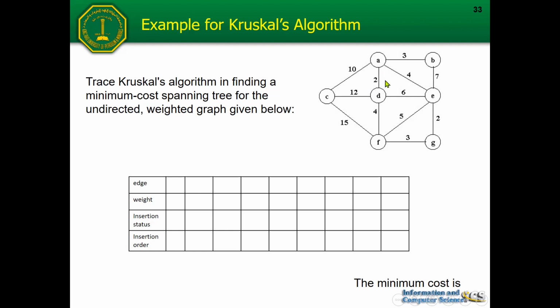But if the weights are not unique, like in this example, 2, 2, 3, and 3, then maybe you will not find a unique answer. But in Kruskal's, you do not need to determine the starting vertex. And if the weights are all different, then you will get the same answer for the graph.